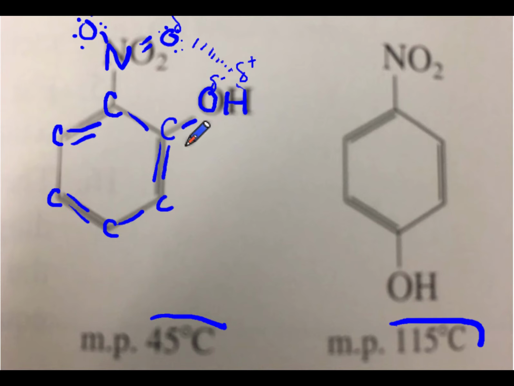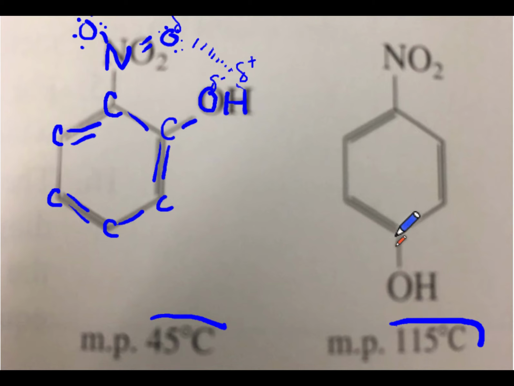This would be an intramolecular hydrogen bond. But because of this, that neutralizes some of this positive charge, so this is not as available to make a hydrogen bond with another molecule. And really what we're interested in here is the ability to hydrogen bond with another molecule.